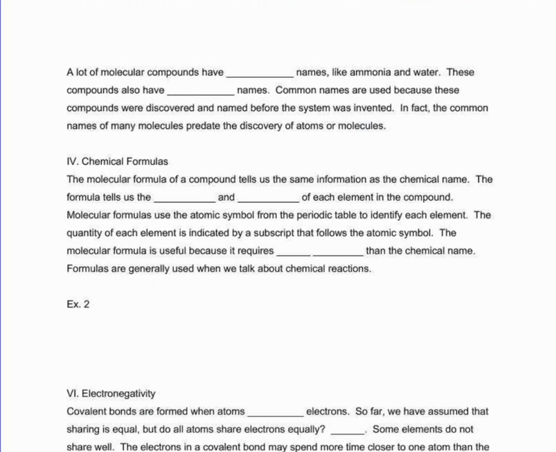A lot of molecular compounds have common names. And these are the things that we would call them just in the regular world. Things like ammonia and water. So they also have scientific names.